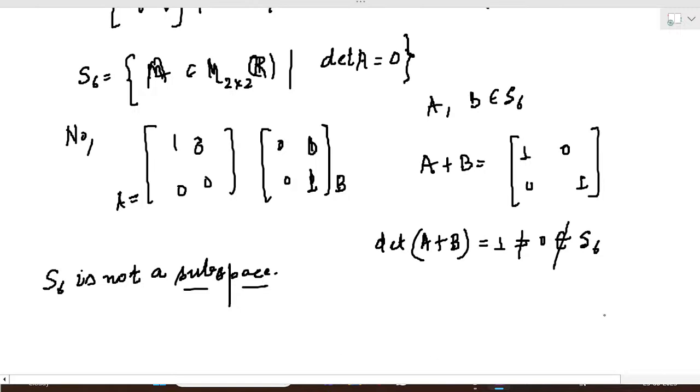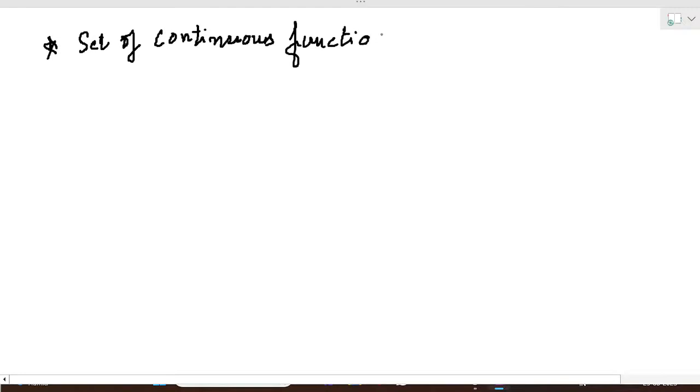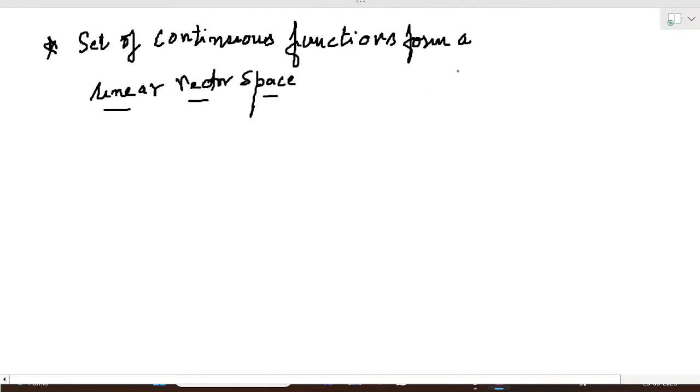Okay, now do you think this forms a subspace? Now always remember, I'm writing it here: the set of continuous functions forms a linear vector space. So the set of continuous functions always forms a linear vector space.